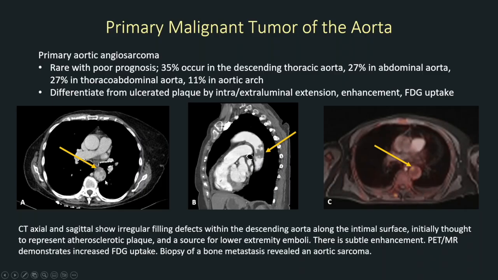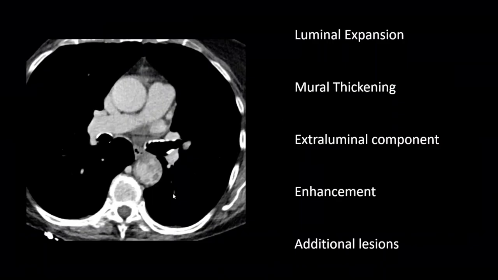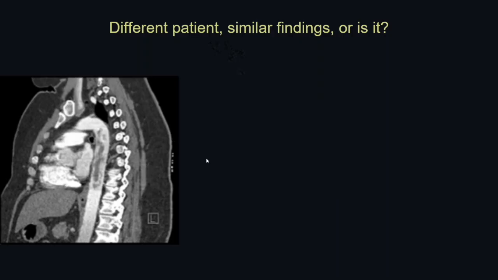More commonly, we could see direct invasion from esophageal cancer or lung cancer extending into the aorta. So we can use these criteria as tiebreakers in differentiating primary tumors versus thrombus.